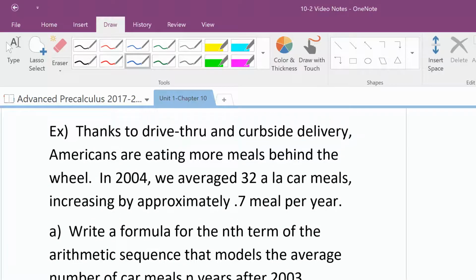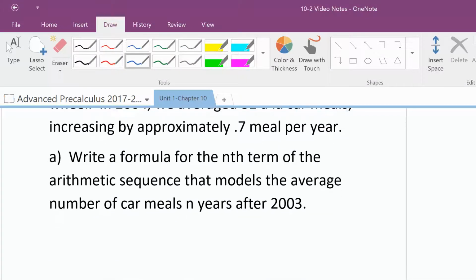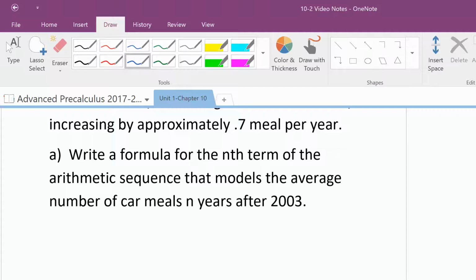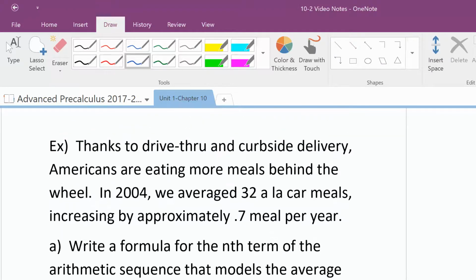All right, we can use this formula to solve some word problems. Thanks to drive-thrus and curbside delivery, Americans are eating more meals behind the wheel. In 2004, we averaged 32 a la carte meals, increasing by approximately 0.7 meals per year. Write a formula for the nth term of the arithmetic sequence that models the number of a la carte meals n years after 2003.